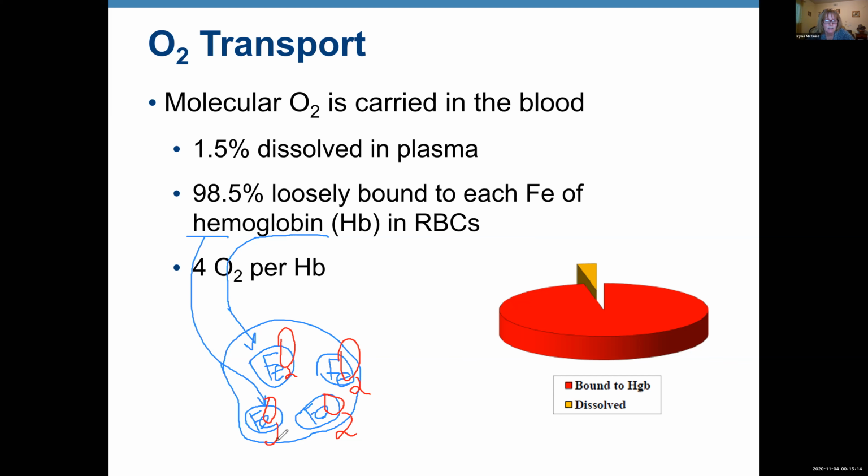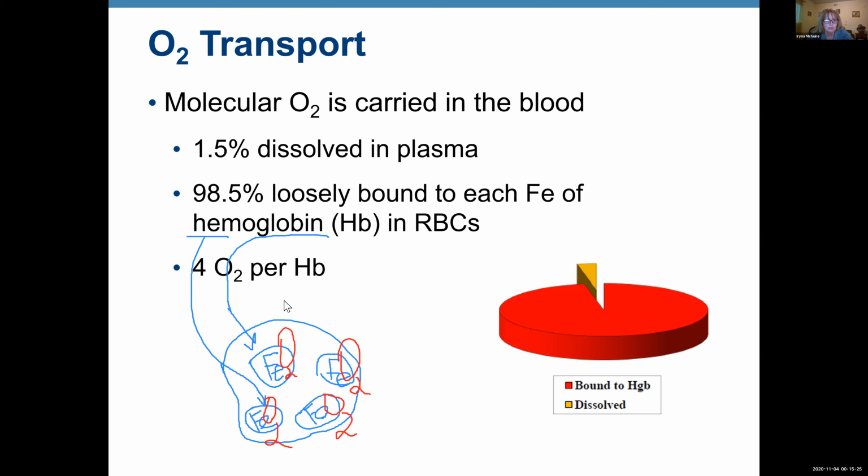So that's what it says: 1 molecule of hemoglobin. The circles inside are heme, and the big circle is globin. Together it's hemoglobin. So 1 hemoglobin carries 1, 2, 3, 4 oxygen.